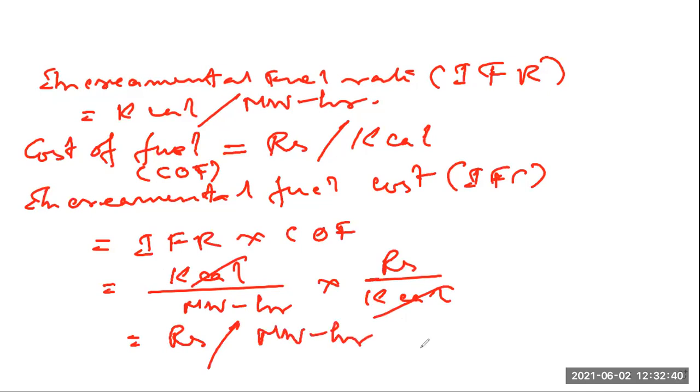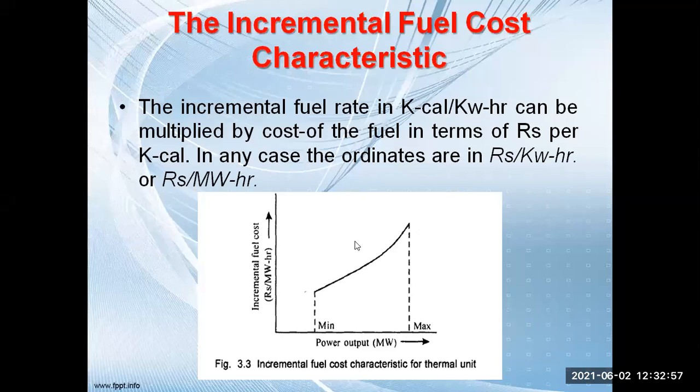Is it clear? Yes, sir. Any doubt on this part? So the nature of the characteristic remains the same, but here the incremental fuel cost is in rupees per megawatt hour, and power output is on the x-axis. It is basically some scalar multiplication.